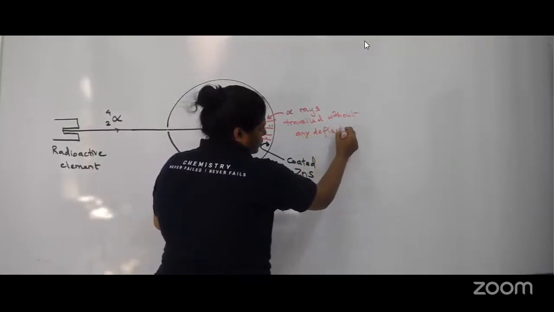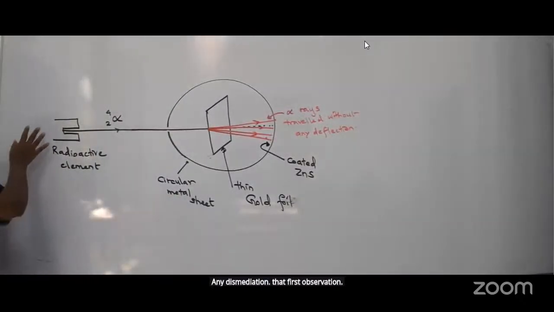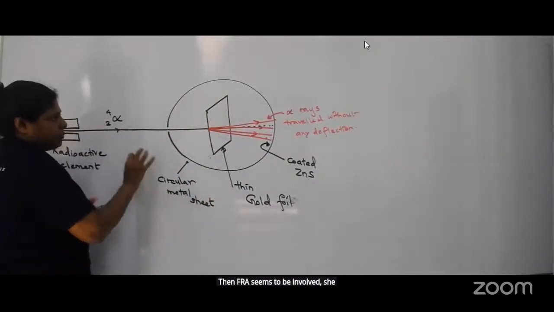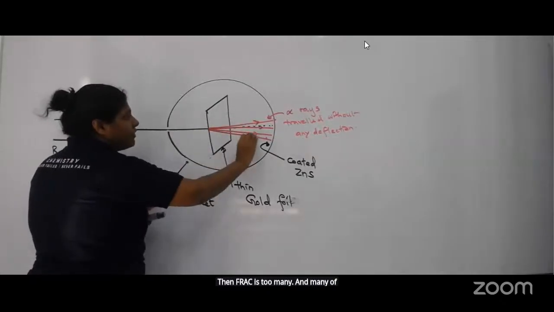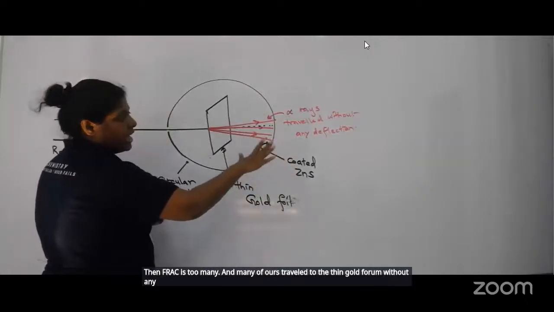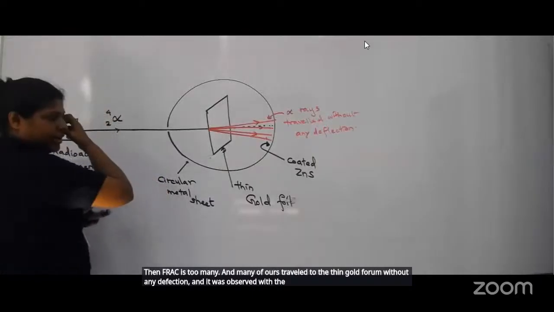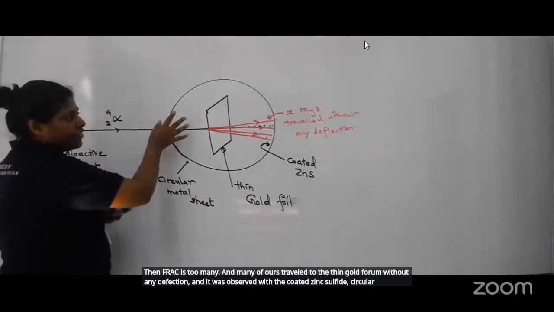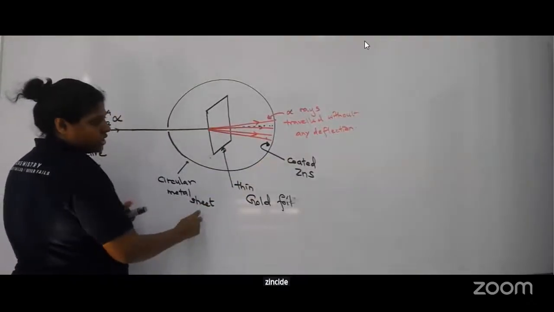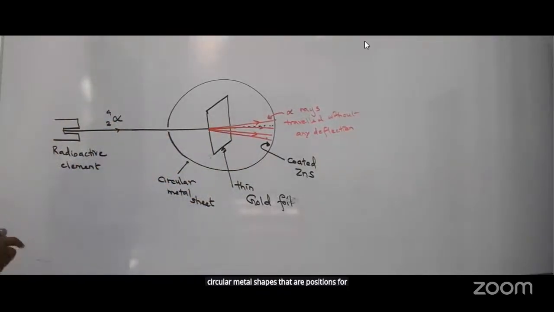When alpha rays are directed at the very thin gold foil, many of them travel through it without any deflection, and this was observed on the zinc sulfide coated circular metal sheet. When these rays hit the coated sheet, those positions produced sparks.